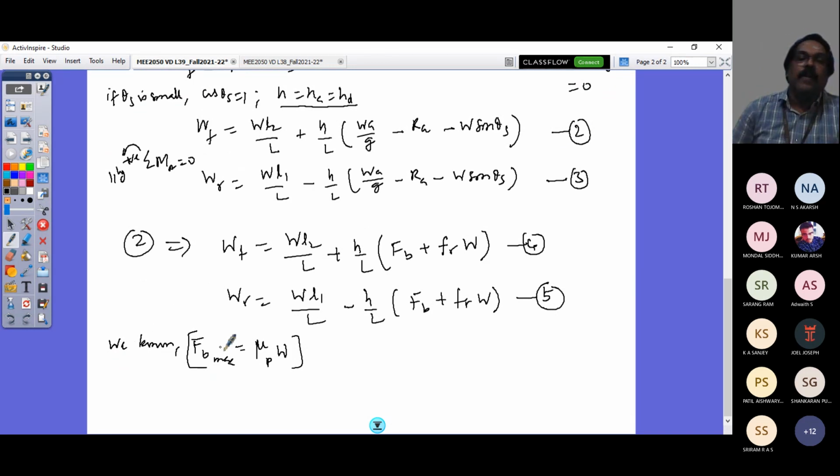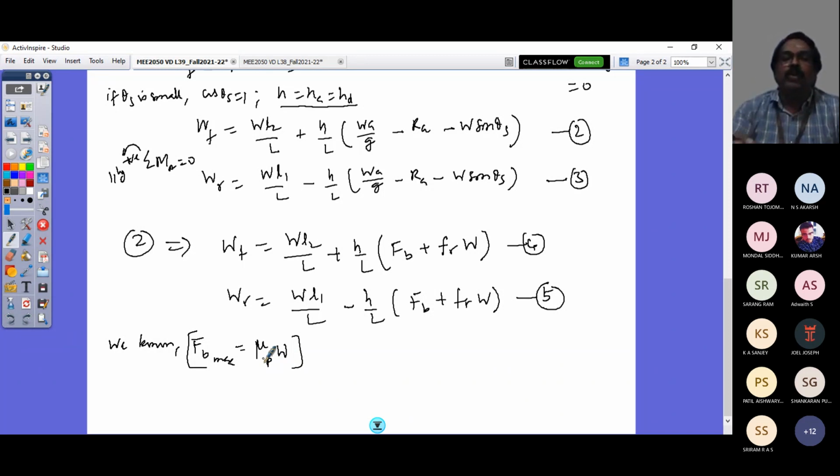So your brake system can distribute the braking force in the front axle and rear axle such that it can go just to this value, but not beyond it, because when it reaches this, that is the point of impending wheel locking.